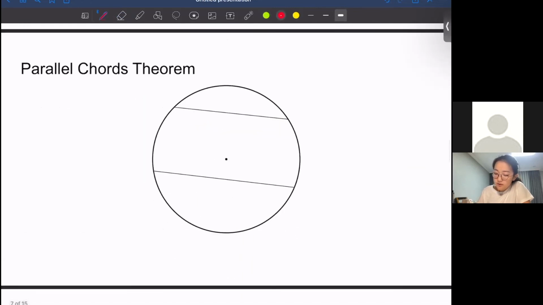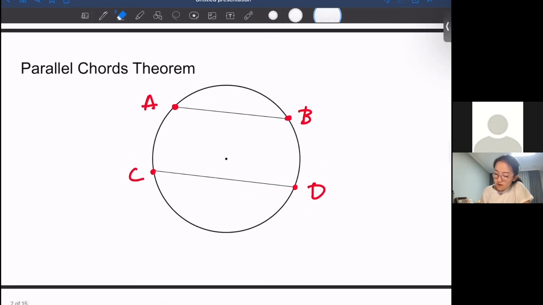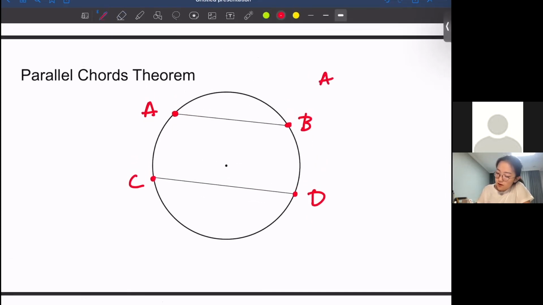And the next theorem is the parallel chords theorem. We are given that chord AB is parallel to chord CD, which can lead us to the conclusion that arc AC is congruent to arc BD.